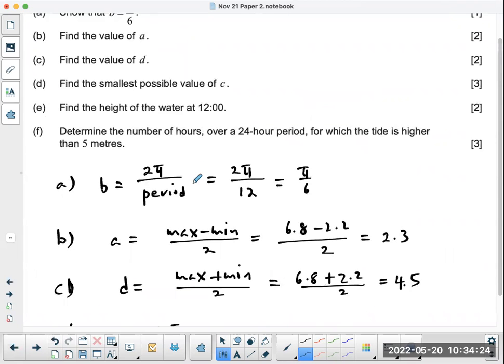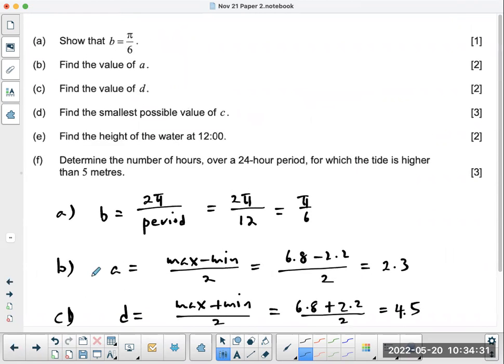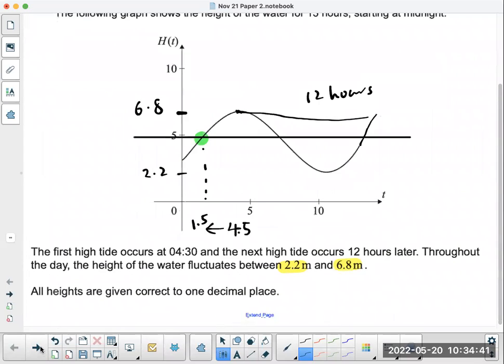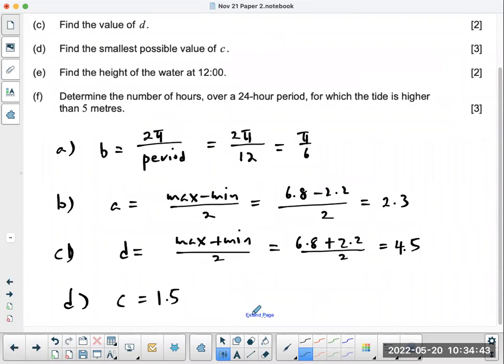Okay, now find the height of the water at 12 o'clock. Now we have the equation already. We have the values of A, B, C, D. So to find the height at 12 o'clock, all we have to do is sub in the value for t. So let's write out the equation here.